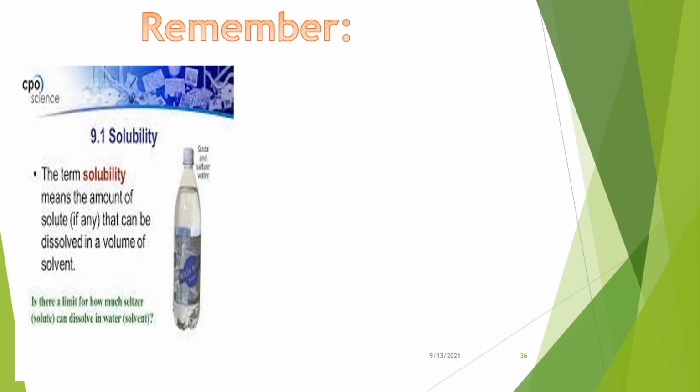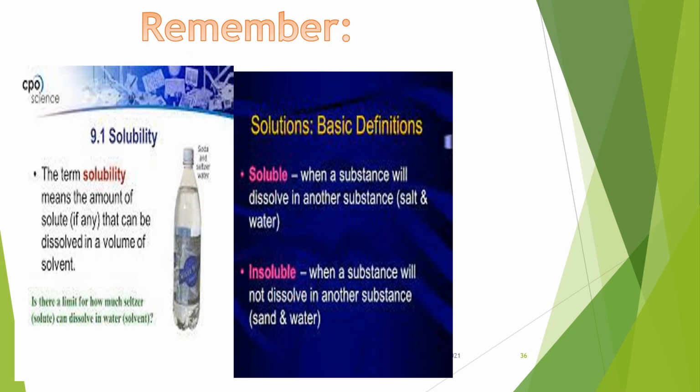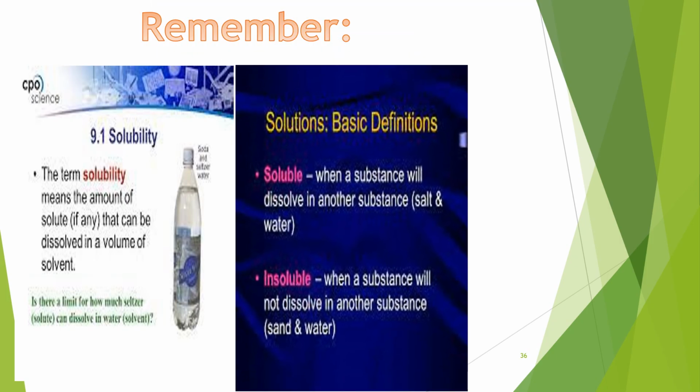Solubility. The term solubility means the amount of solute, if any, that can be dissolved in a volume of solvent. Soluble is when a substance will dissolve in another substance, for example salt and water.